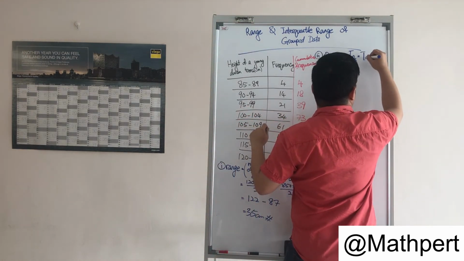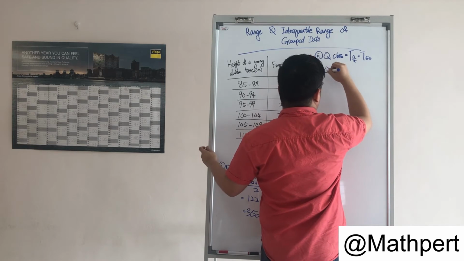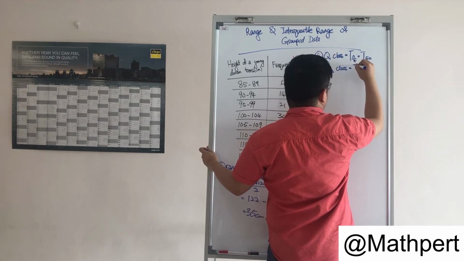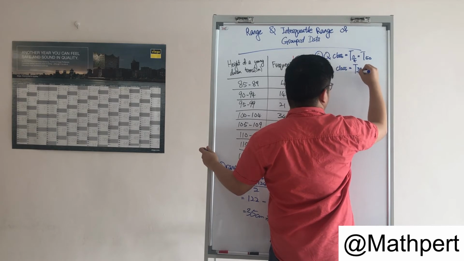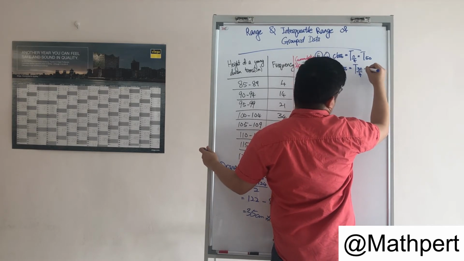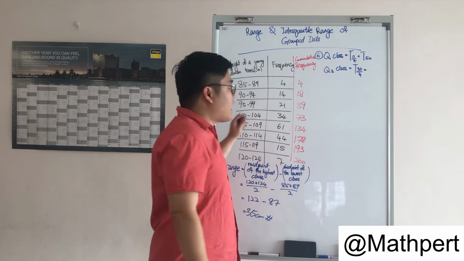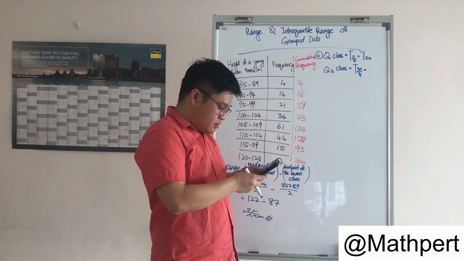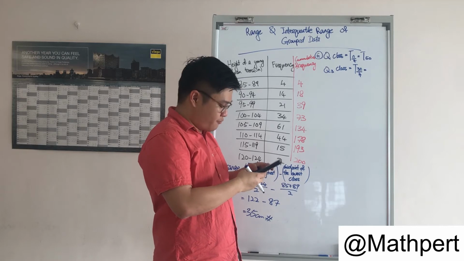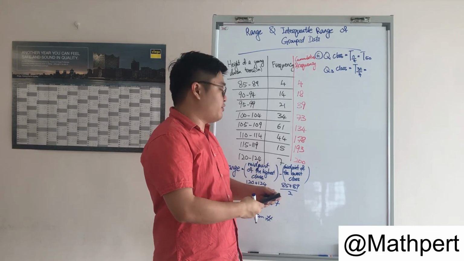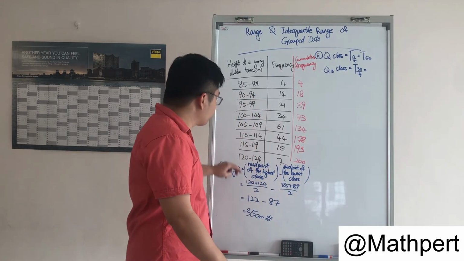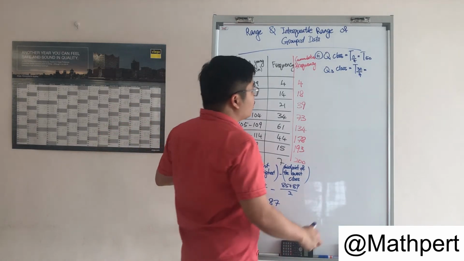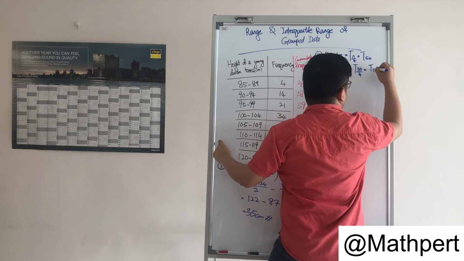So the 50th value. Then the Q3 class is the 3n over 4 th value, where n is 200, so 3 multiplied by 200 is 600, divided by 4 is 150.